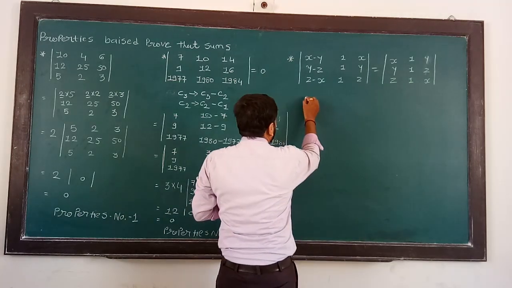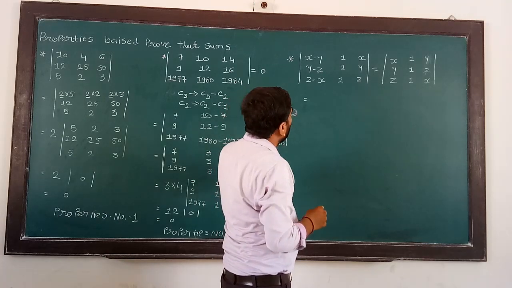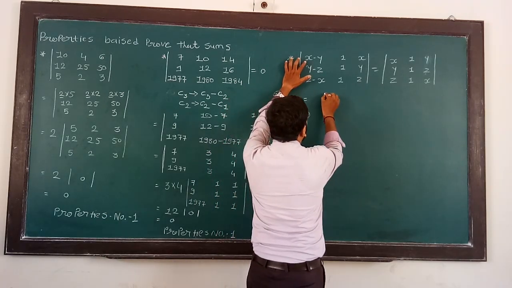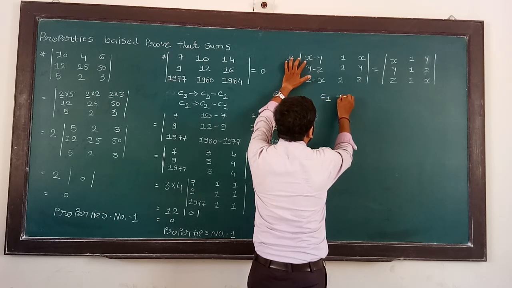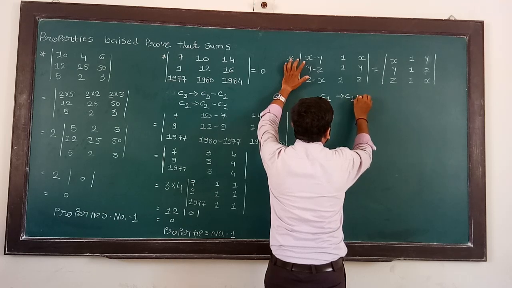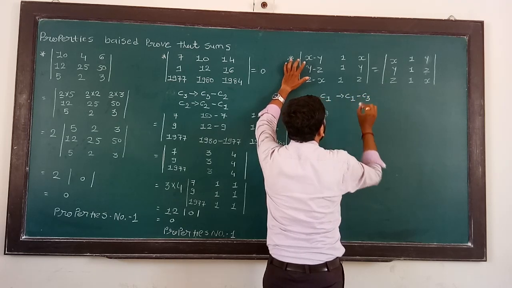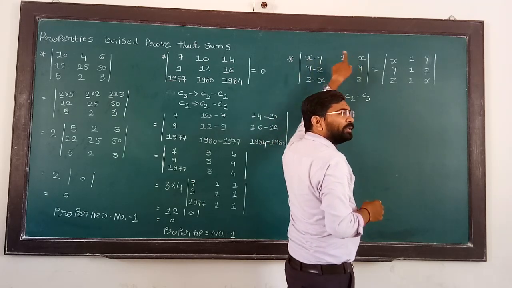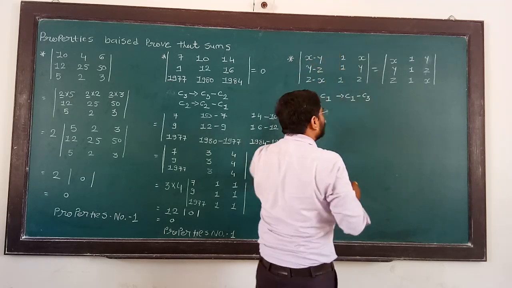So here first of all we take column C1 minus column C3, because the students, here x is present and here x is going to this plus, so we can cut both x.